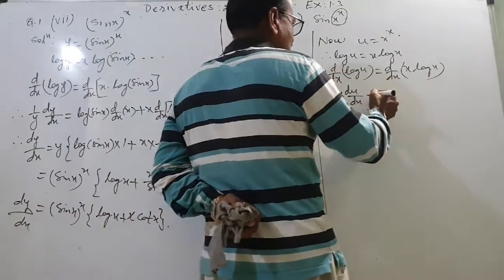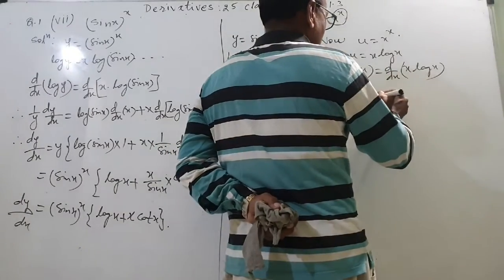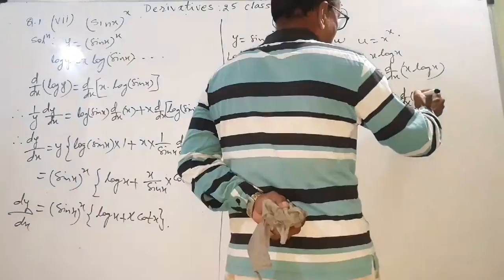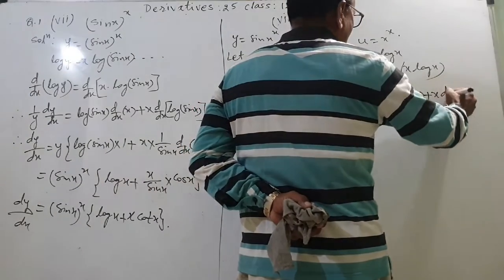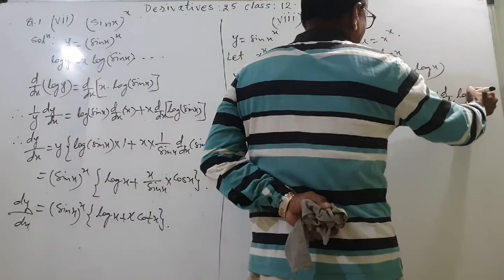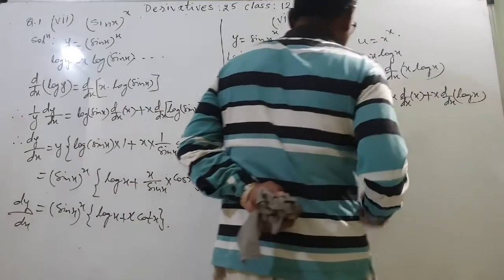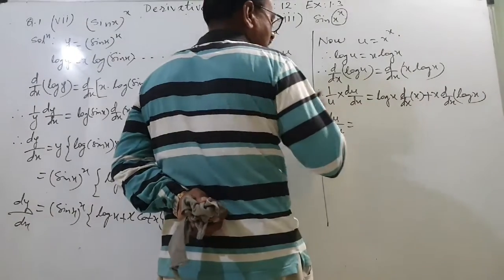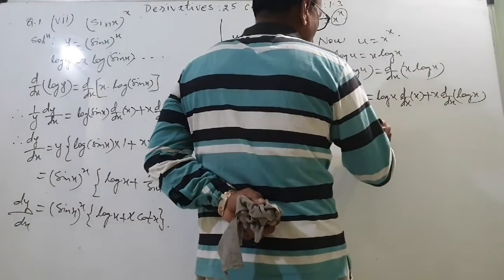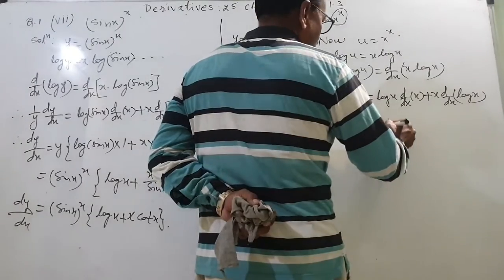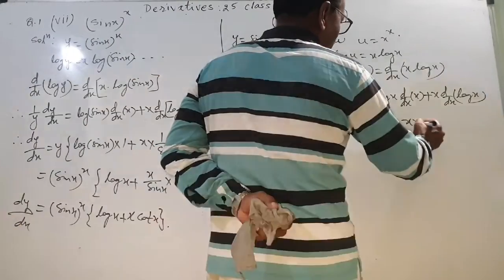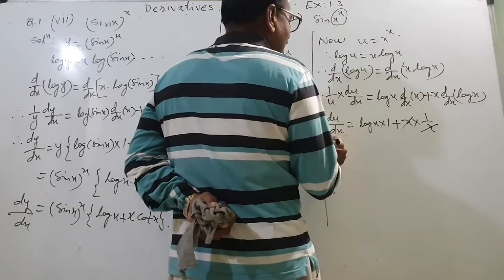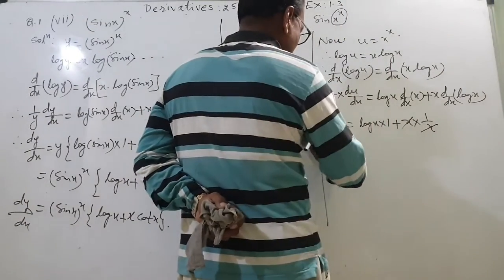So that is equal to log x as it is, and d by dx of x, plus x into d by dx of log x. Therefore du by dx is equal to u into log of x into 1 plus x into 1 upon x, the derivative of log. This will get cancelled, and this u I forgot to write.